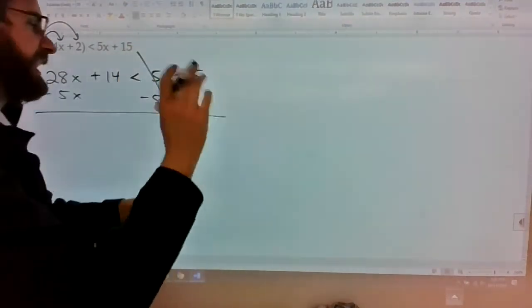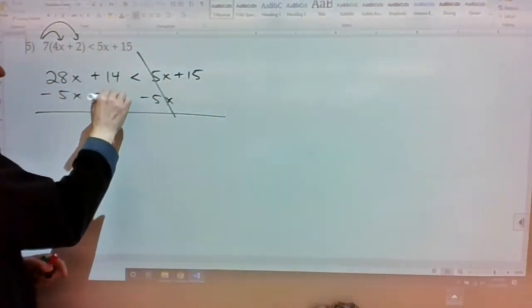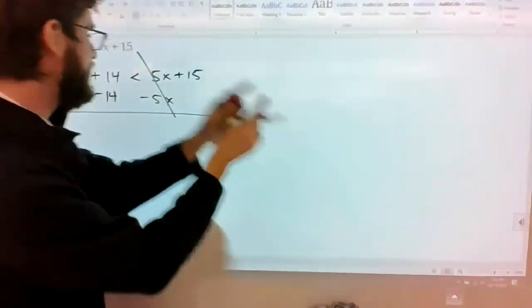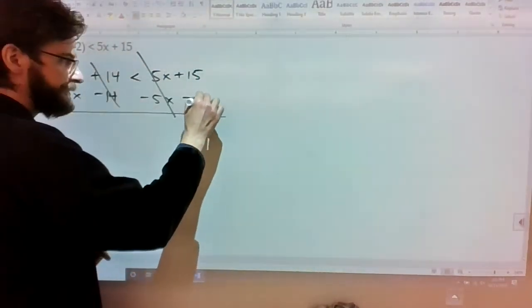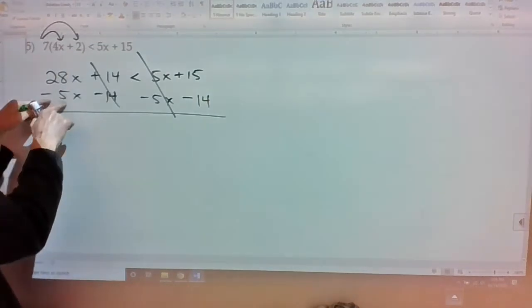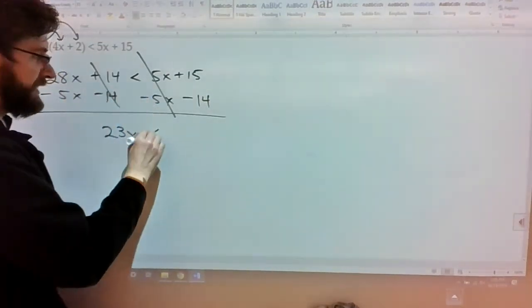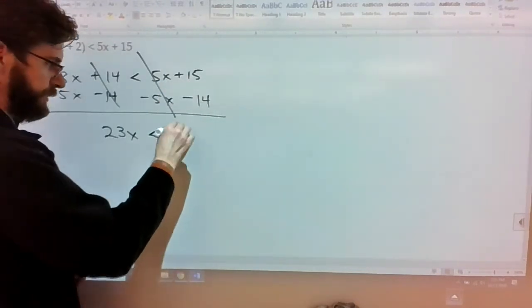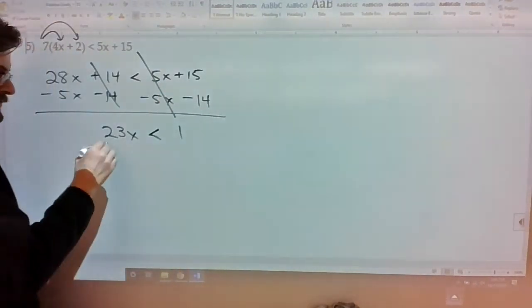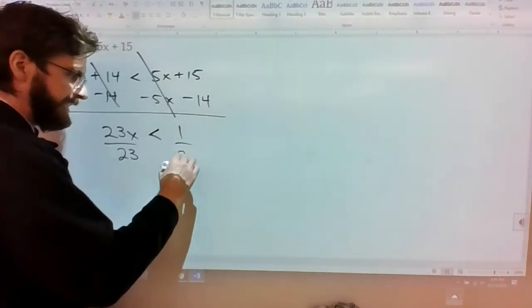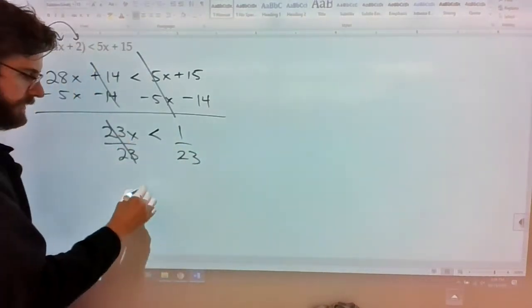Okay, x is canceled on the left, constants canceled on the right. 23x is still less than 15 minus 14, which is 1. All right, so then you divide by 23 to get a clean x.